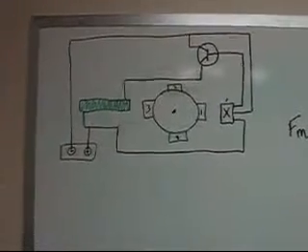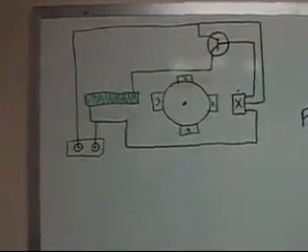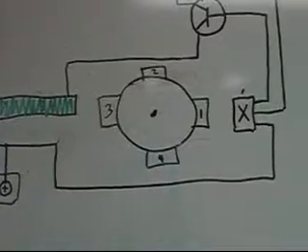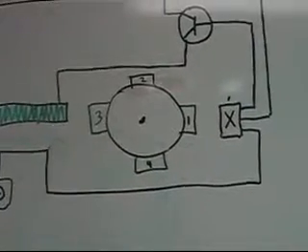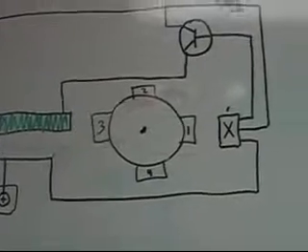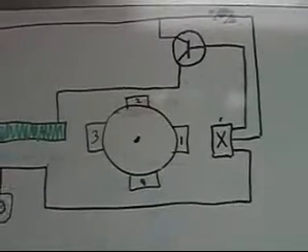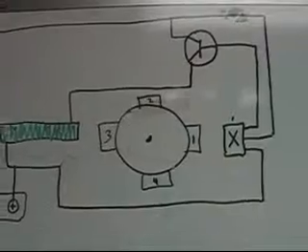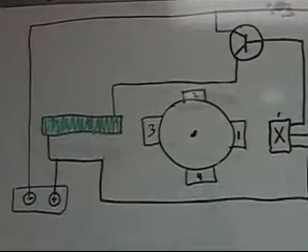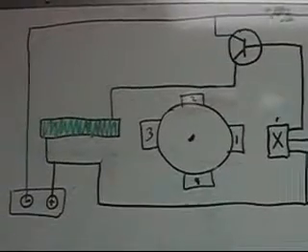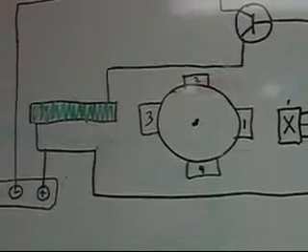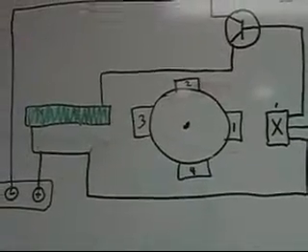What's happening here is that when you have a voltage source applied, and assuming that permanent magnet number 1 is the closest to the Hall effect sensor, which is the block with the X in it, a signal runs from your sensor up to your transistor, and that opens the current to go to your electromagnet. When that current goes through the electromagnet, it repels the permanent magnet number 3, and that gets the motor turning.